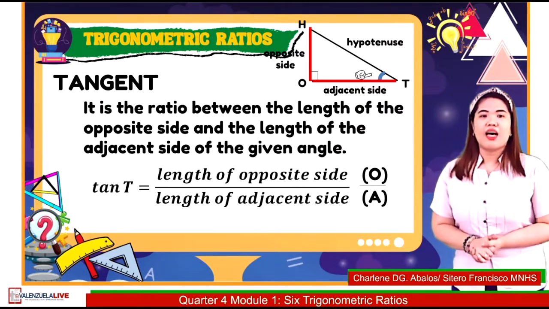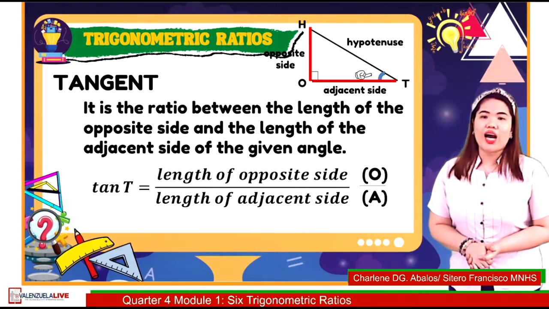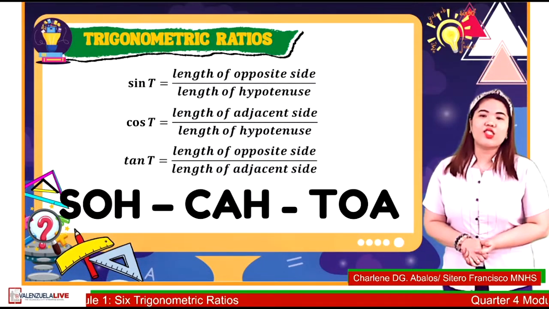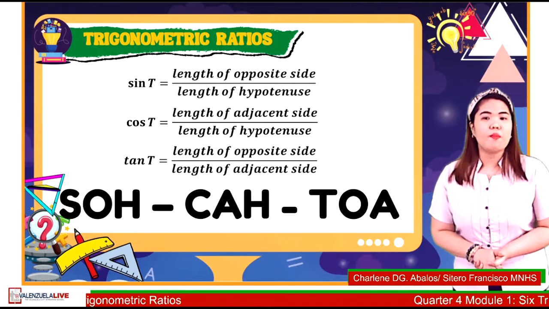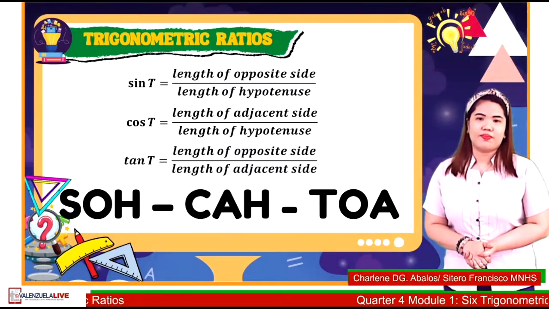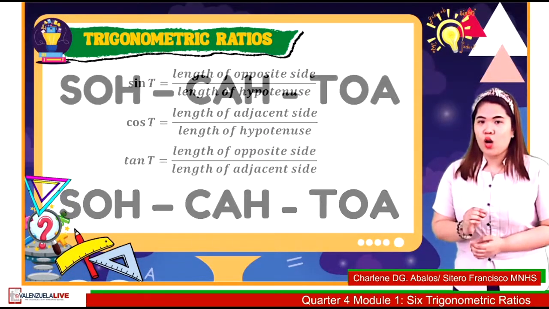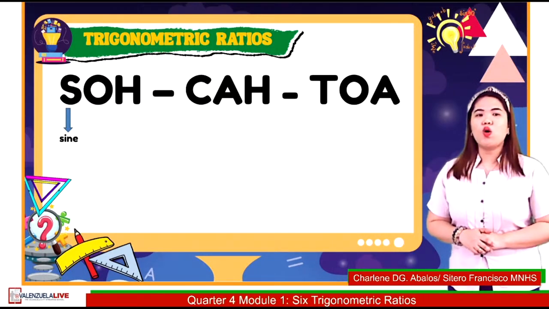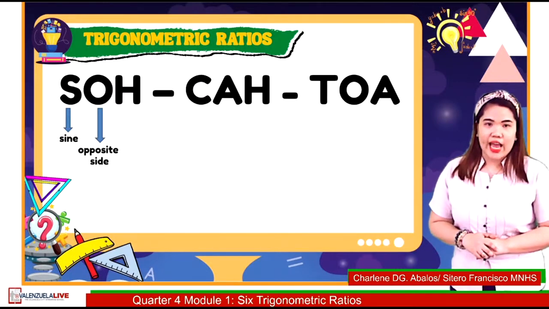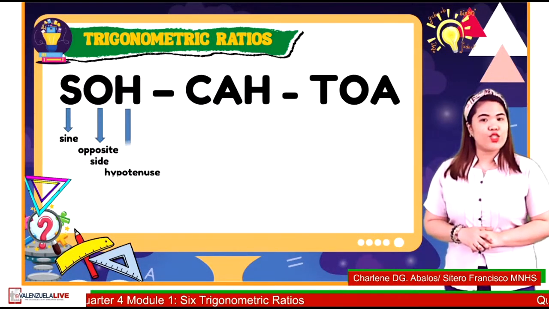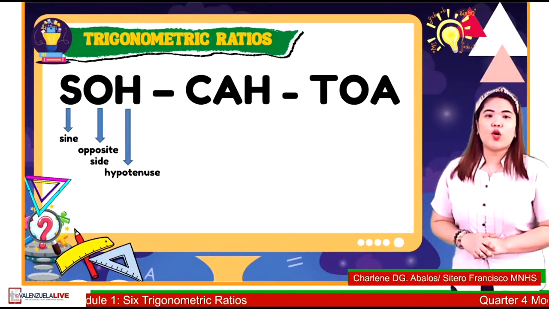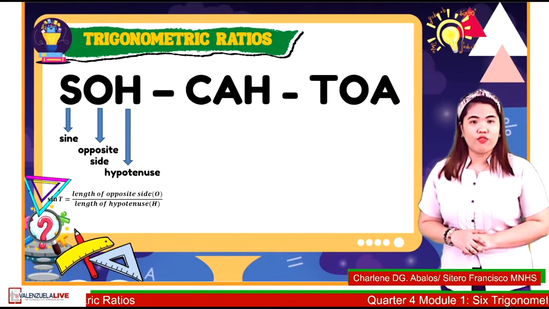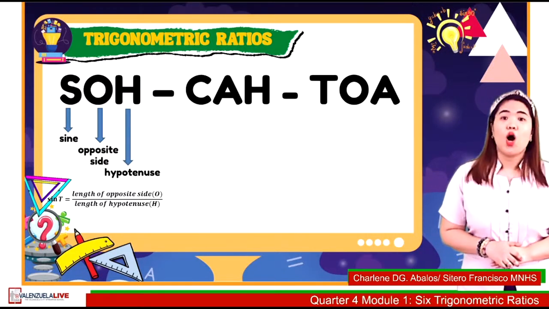With this concept, the mnemonic SOHCAHTOA is used for us to easily remember the trigonometric ratios. From SOH, S stands for sine, O stands for opposite side, and H stands for hypotenuse. So that sine theta is equal to opposite side over the hypotenuse.